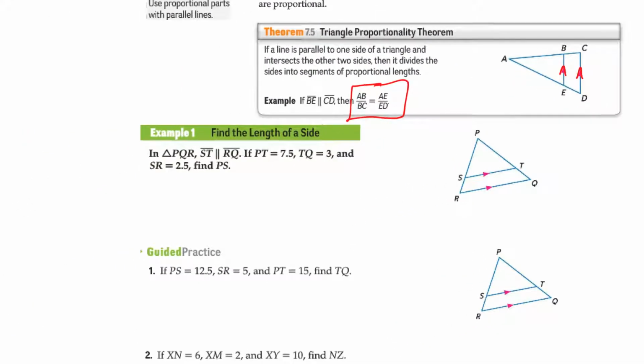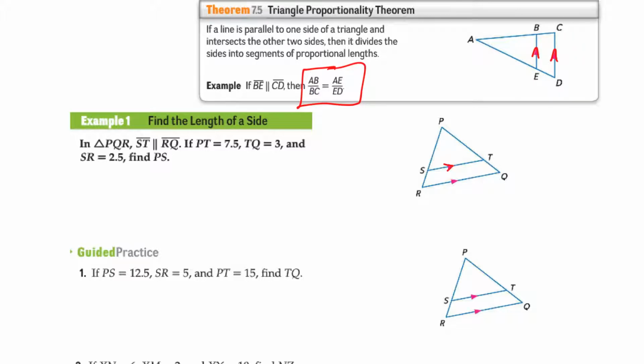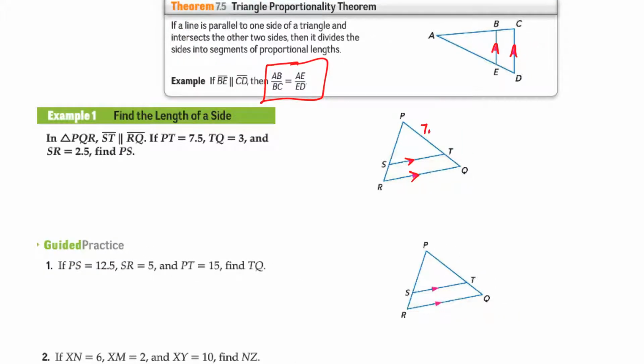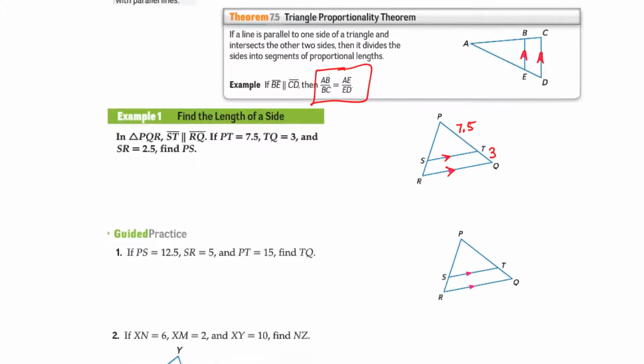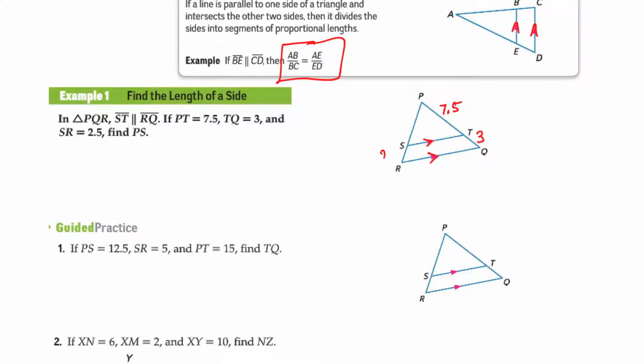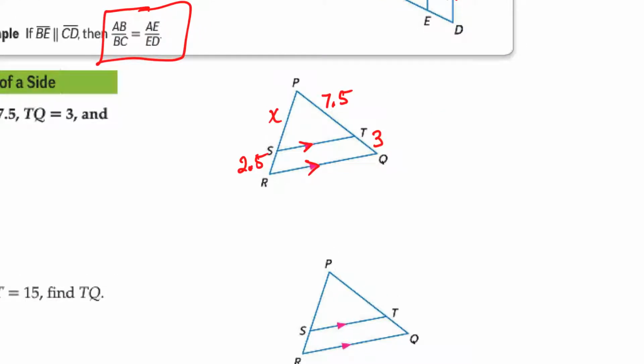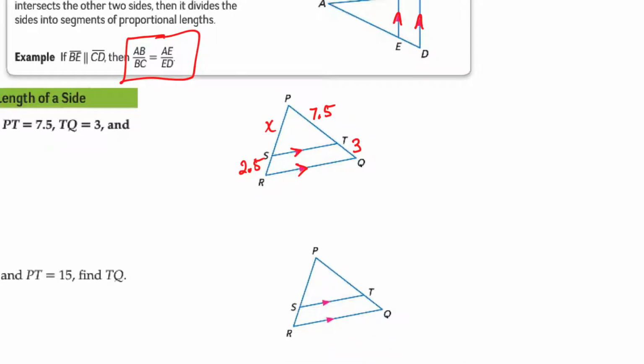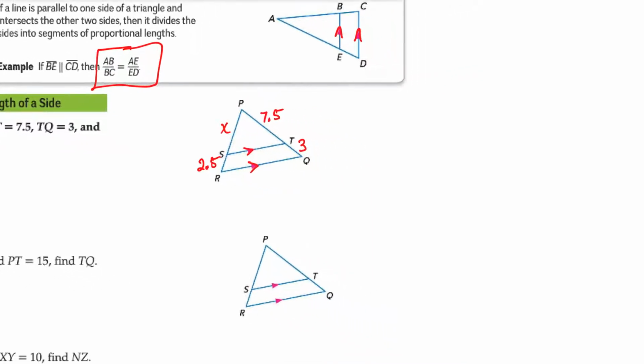On this one, it says ST is parallel to RQ. PT is 7.5, TQ is 3, SR is 2.5, and we're looking for PS. Since those two lines are parallel, it splits it proportionally.